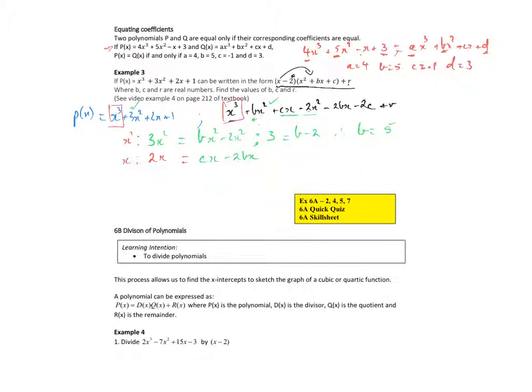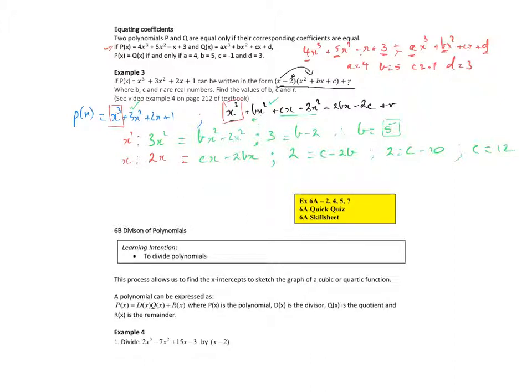So they have to be the same, which means now let's just look at the x coefficient. The 2 on the left-hand side has to equal c minus 2b. b is equal to 5, so that means 2 is equal to c minus 10, so c has to be equal to 12.